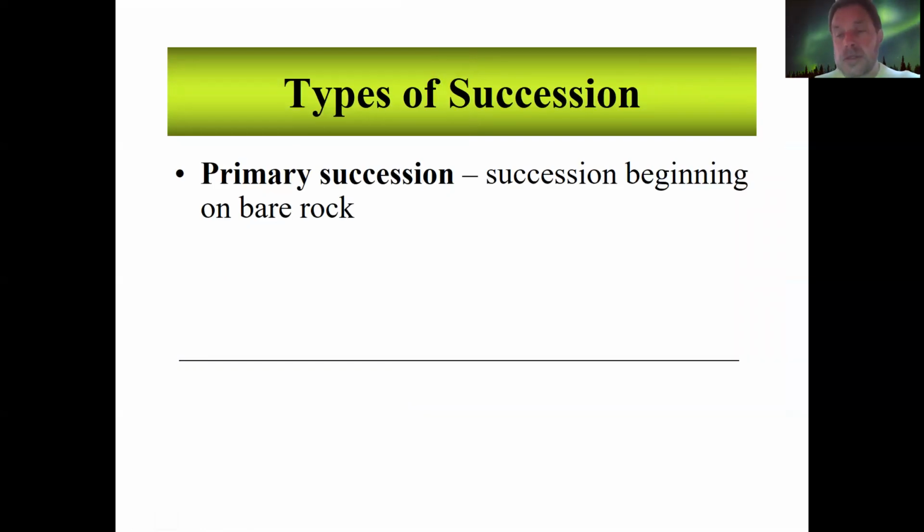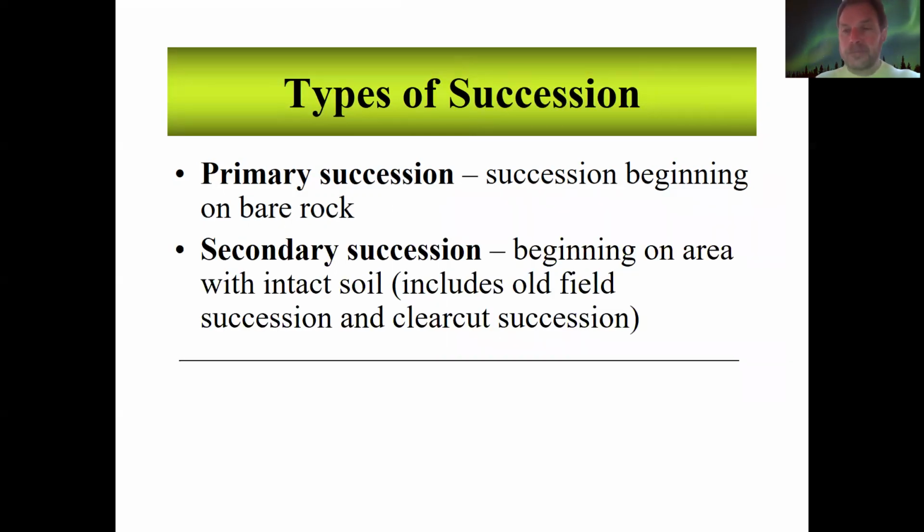You can have succession that starts on bare land, i.e. bare rock. Like if a volcano erupts, eventually that volcanic lava field will be colonized. It takes a long time. More commonly, we see secondary succession. This is when the vegetation is removed, but the soil is still intact.